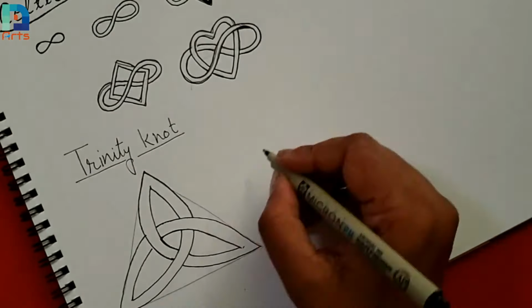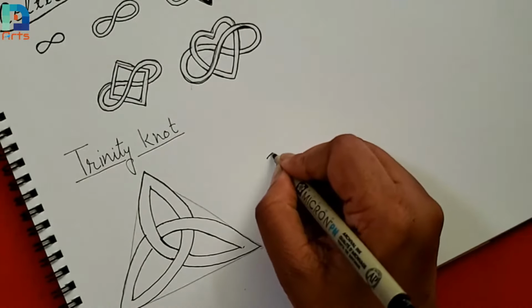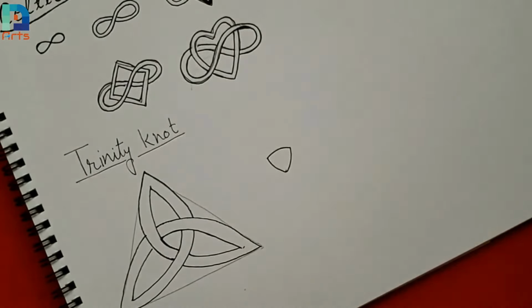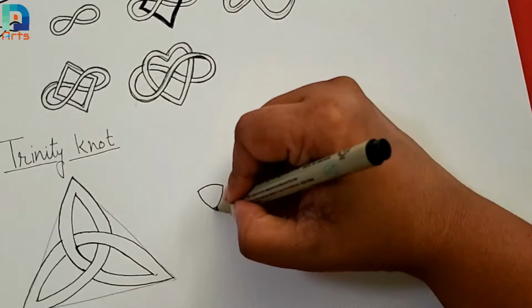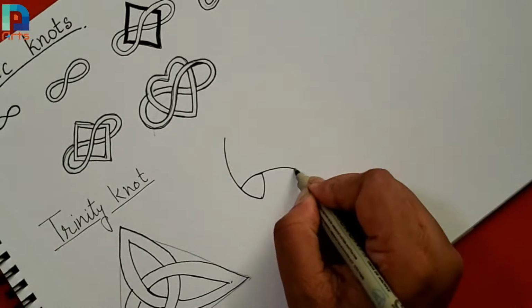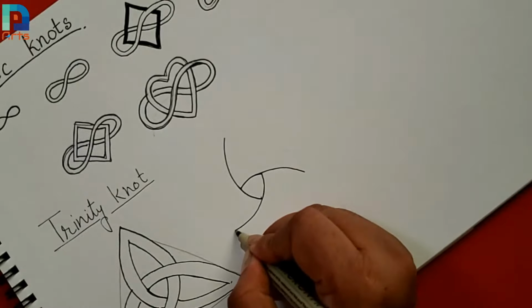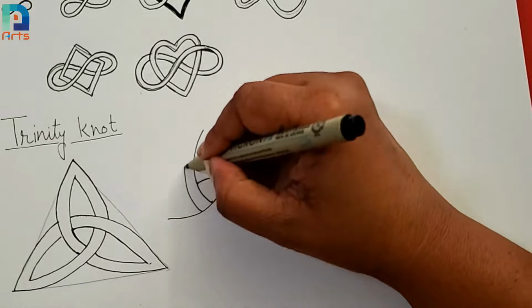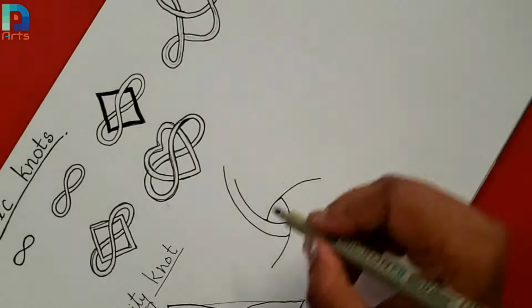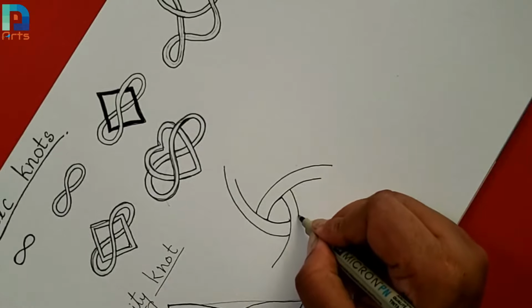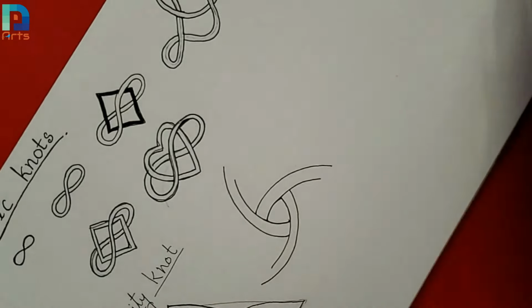I'm drawing this triquetra one more time freehand. The step is to draw the upside down triangle, then extend the arm on all three sides. I'm not worrying about the sizes, the direction, or the perfect positions.